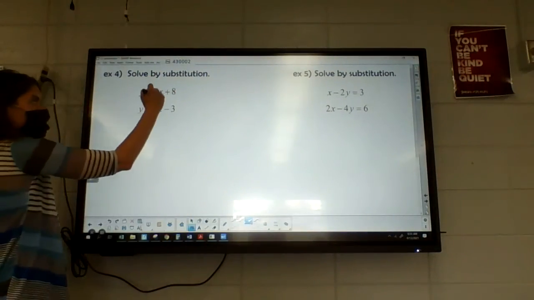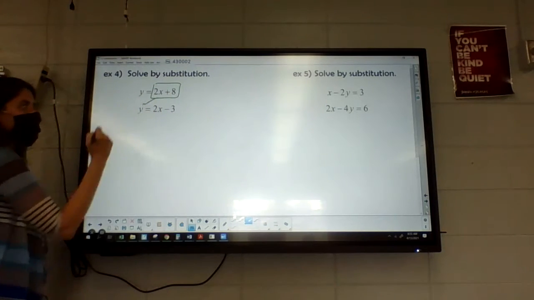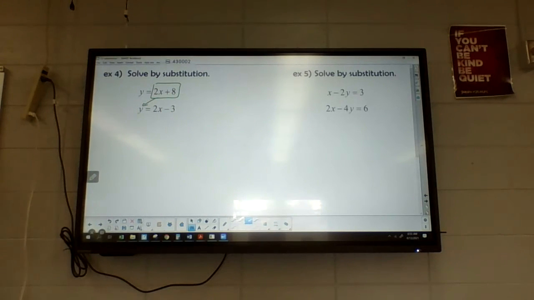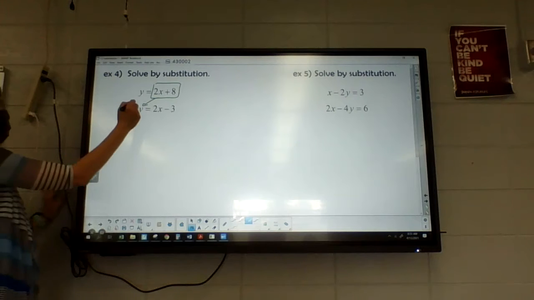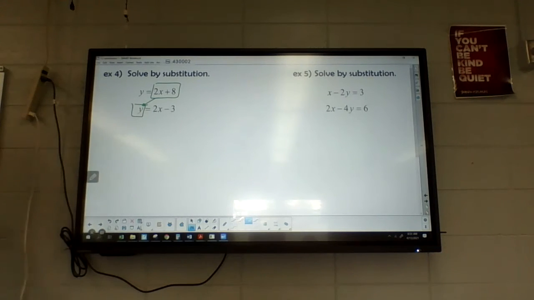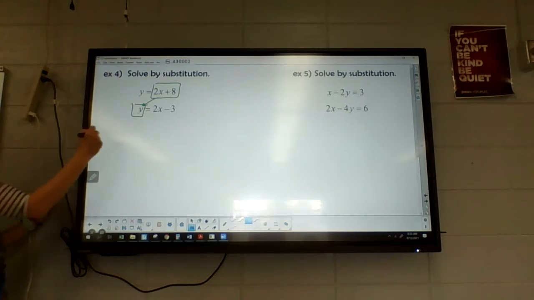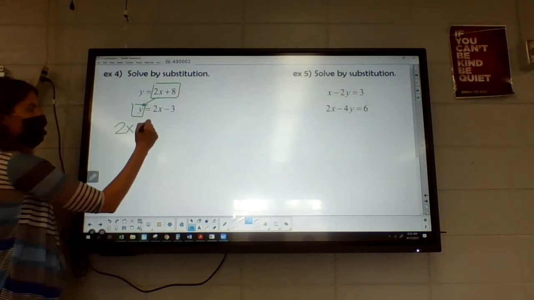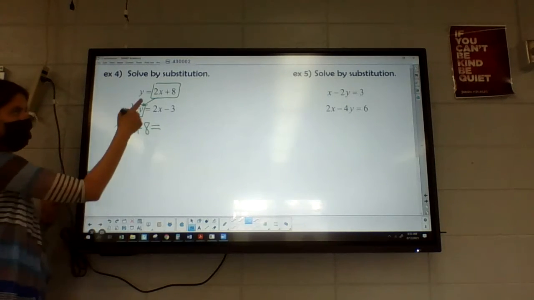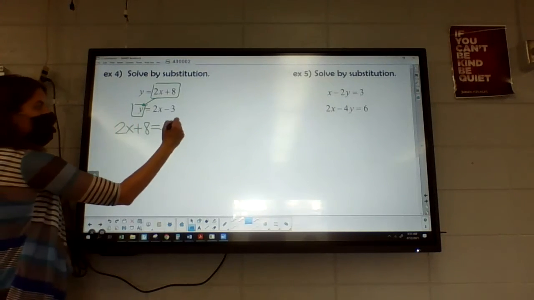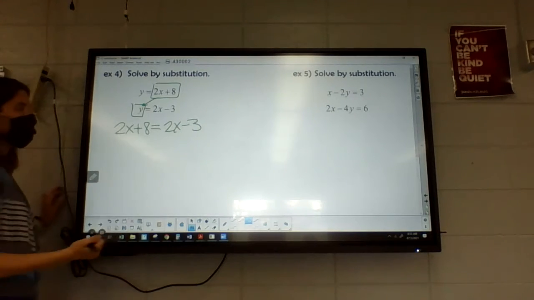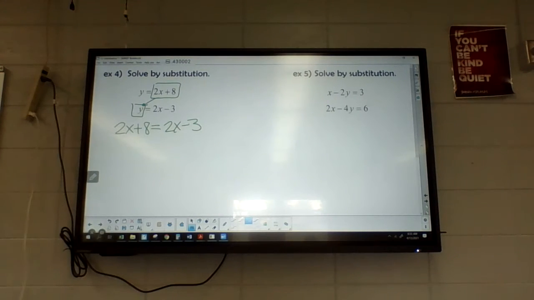So that means I'm going to take what y is and replace it for the other y. So that's going to go in place of this y. So 2x plus 8 goes there, and then 2x minus 3. Does that make sense? If they both equal y, they have to equal each other.